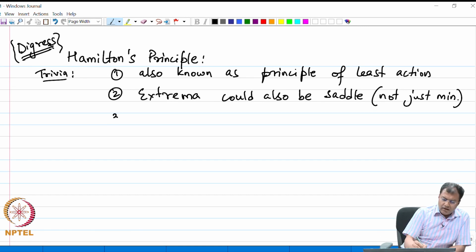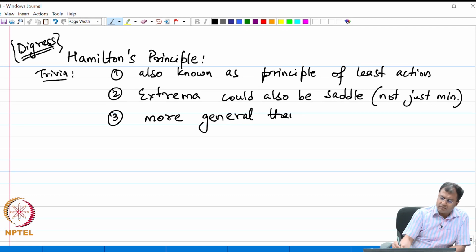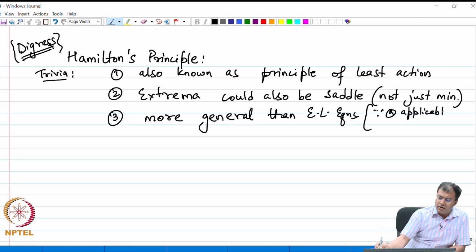And Hamilton's principle is sometimes more advantageous than just looking at plain Euler Lagrange, because it is more general than Euler Lagrange equations, because first of all it is applicable for multiple coordinate systems, right.